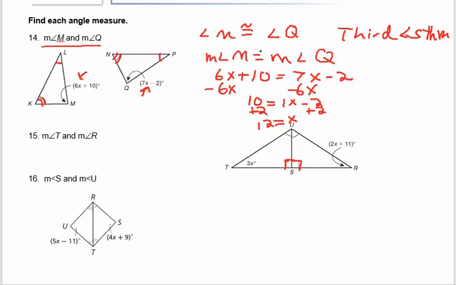So these are congruent. It's also marked that angle TUS is congruent to angle SUR. So therefore angle T must be congruent to angle R. So you can write your equation that 3x equals 2x plus 11 and then finish solving. And then the last one, you will do the same thing for this one.